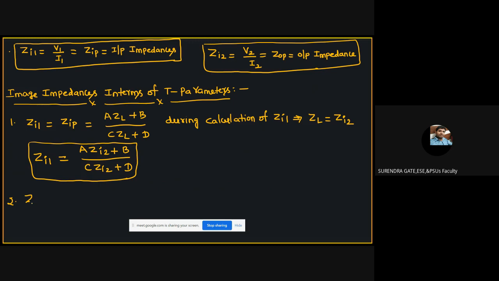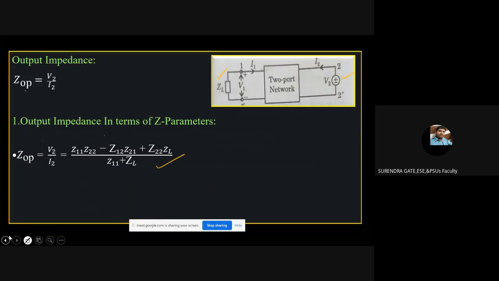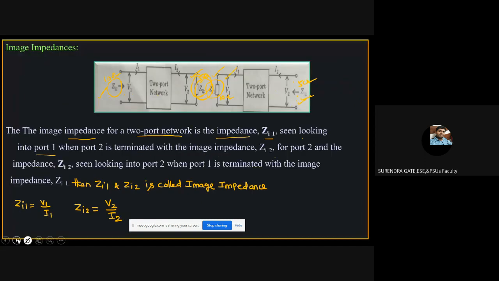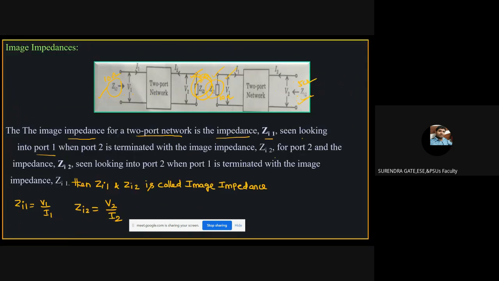Similarly, what is the ZI2 in terms of the ABCD? ZI2 is the output impedance. What is the output impedance in terms of ABCD parameters? The output impedance in terms of ABCD parameters, friends, is DZL plus B by CZL plus A. Now tell the students, during the calculation of ZI2, load is terminated.